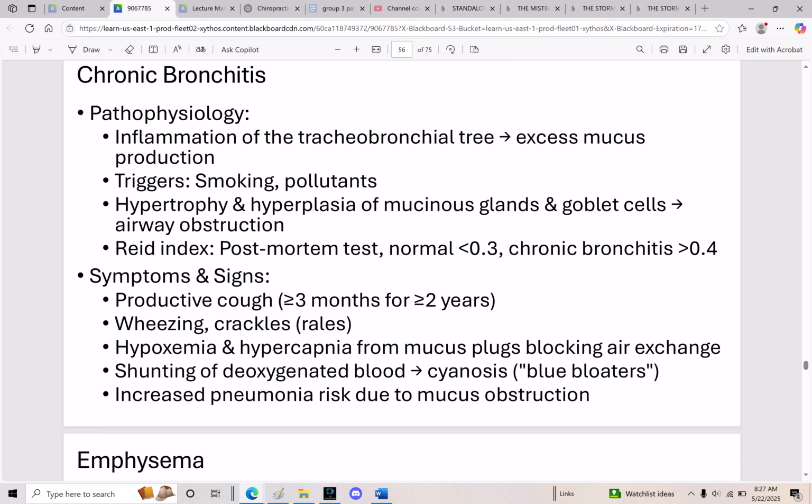Let me draw this for you. So basically what's going to happen is this. Now, you have alveolus, right? I'm going to give you a terminal duct. This is going to be my terminal duct. This is my alveolus, right? So remember this for the rest of your life.